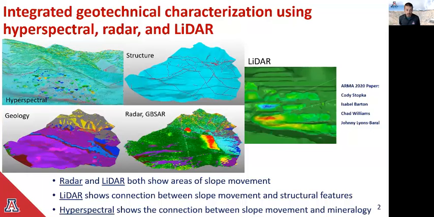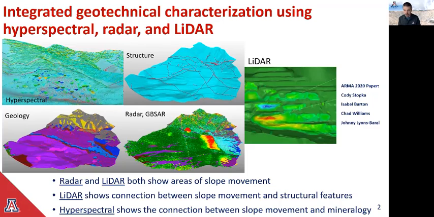So the original project was to use hyperspectral scanning, some structure and geologic mapping, and both radar and LiDAR, and to integrate those data sources in a way to help with geotechnical characterization.